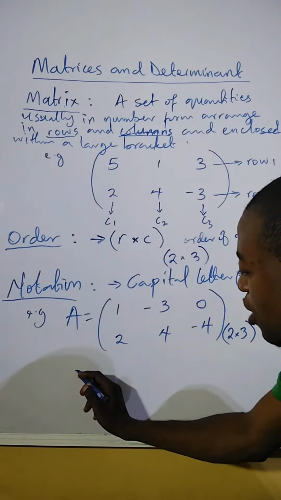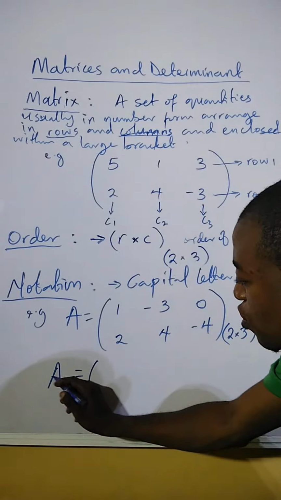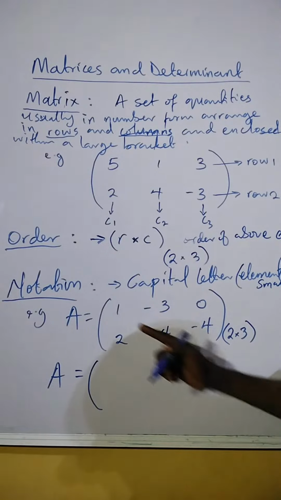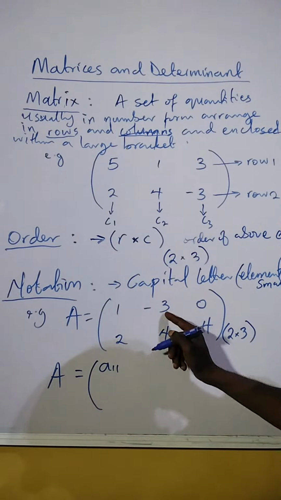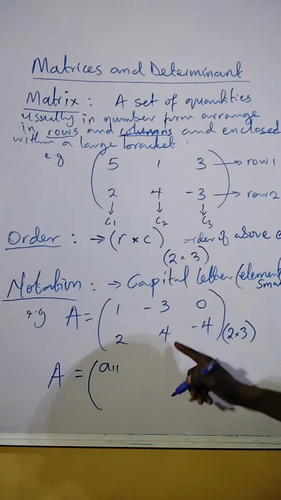And when we interpret this matrix, A is equal to: element 1 here is the element in row 1, column 1. Look at it, row 1, column 1. So we can say we have A11. And minus 3 here is the element in row 1, column 2.